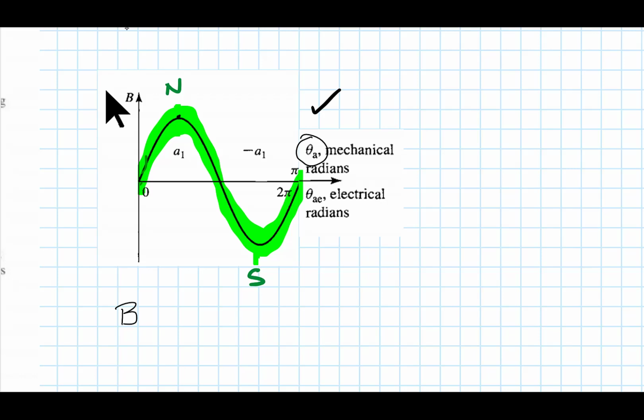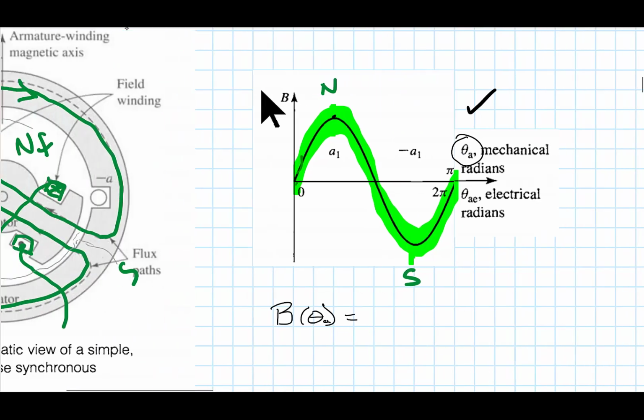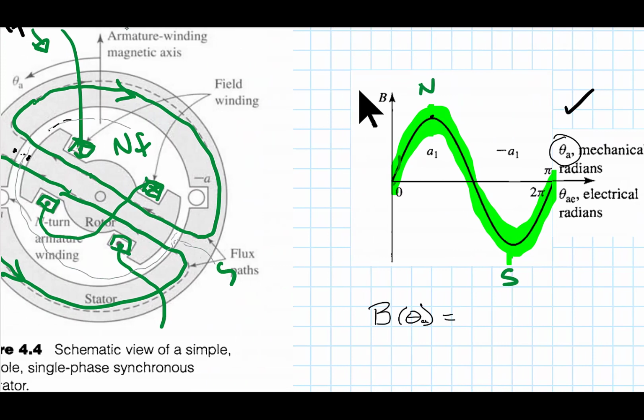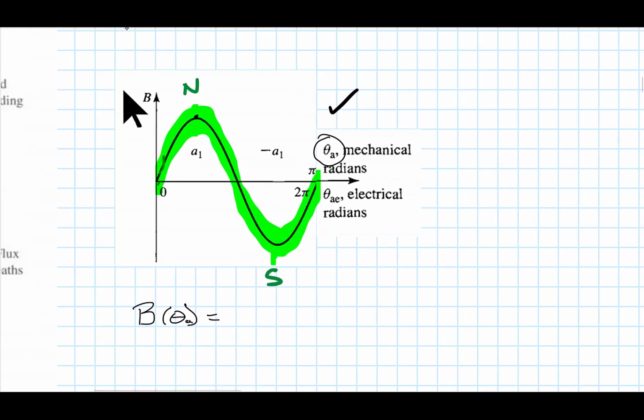And that's what we were talking about when we were talking about the flux density. So the flux density becomes a position-dependent term. It's a function of theta. In this case, we're saying theta A because that's the position inside of this gap right here. It has some peak flux density value. This looks like a sine wave, so we'll say this is a sine of theta A.